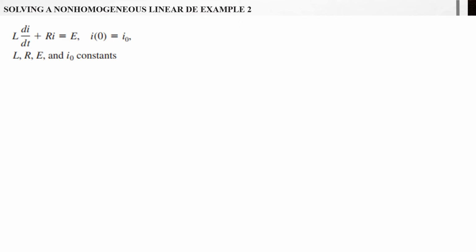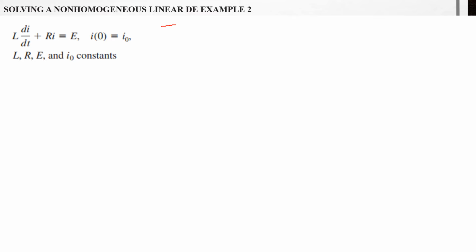In this case, we have an electrical circuit, inductance L di/dt plus resistance R times I is equal to E, and it is to be solved for a particular solution, I as a function of time, where I at t = 0 is equal to I sub 0. And we take note that L, R, E, and I sub 0 are constants.